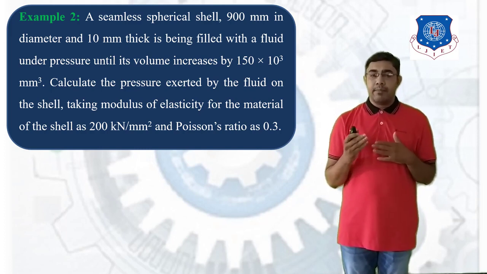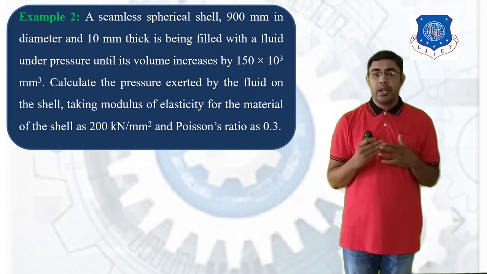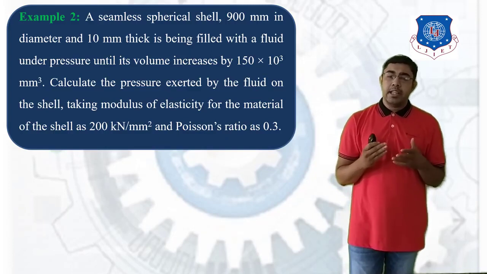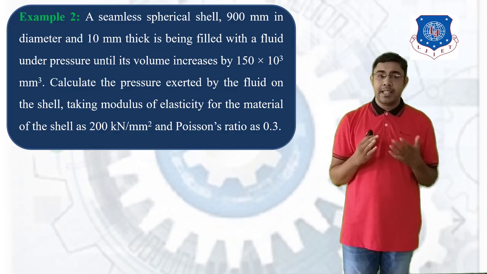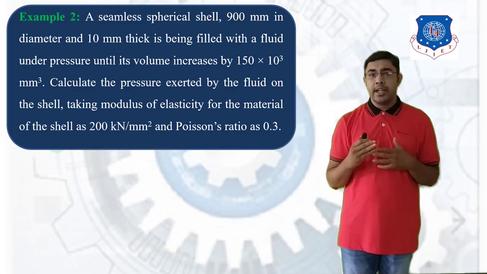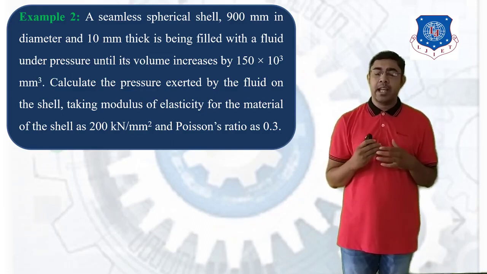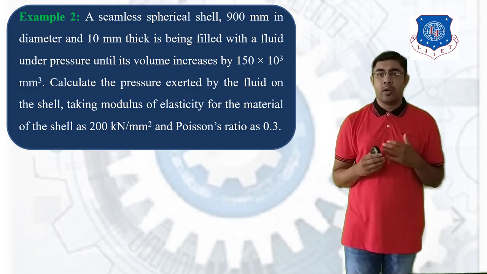So calculate the pressure exerted by the fluid in this shell, taking the modulus of elasticity for the material of the shell as 200 kN per mm square and the Poisson's ratio as 0.3.